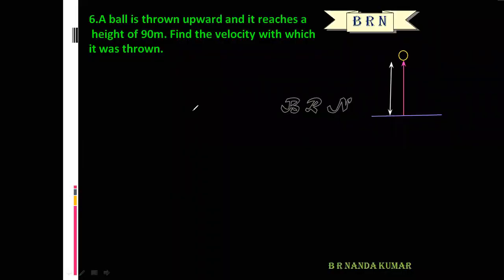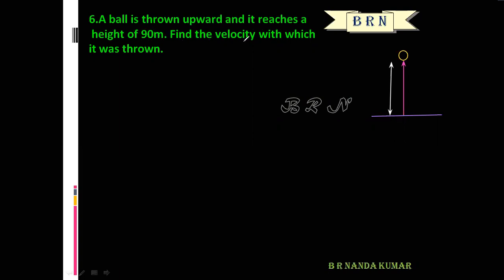Now let us discuss a numerical based on motion under gravity. A ball is thrown upward and it reaches a height of 90 meters.